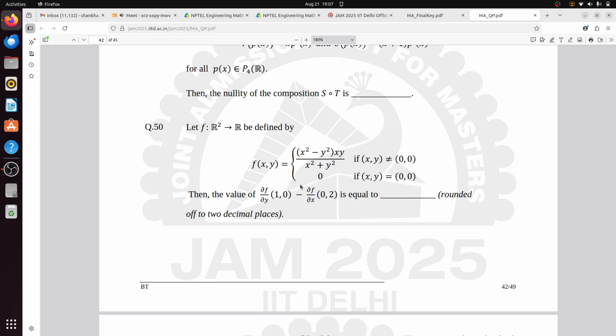Did you solve the answer? What is the answer? Del f del y will be 2 plus k, that means 4 plus k whole square, and then at (1,0), so at (1,0) will be 0.